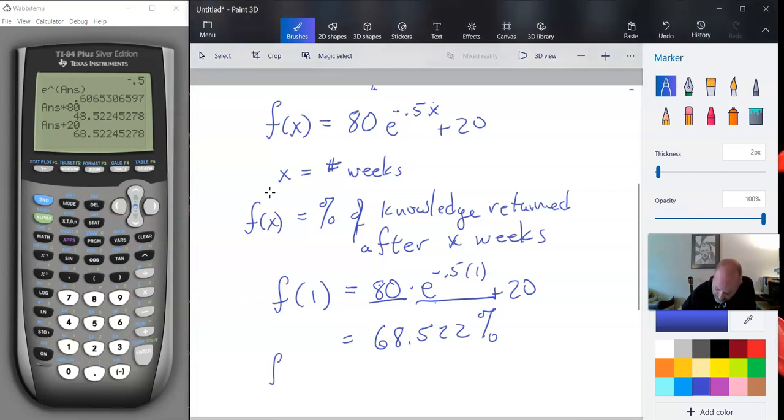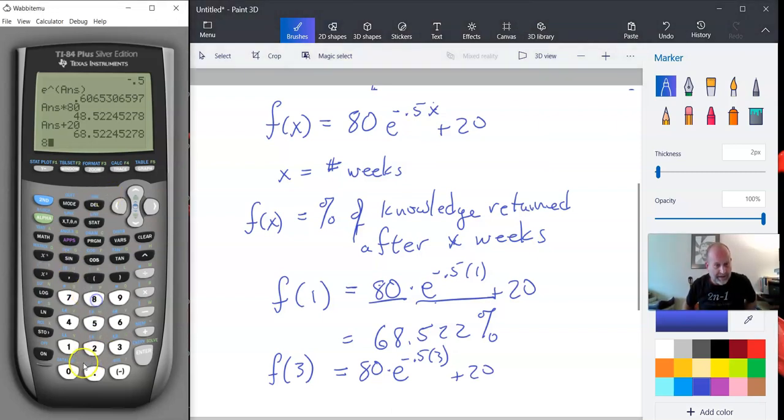If I wanted to know, like, I don't know, let's say someone has been missing school for 3 weeks, and I want to have an expectation of what they remember. So I would plug it in here. So we'd have 80 times e to the negative 0.5 times 3 plus 20.